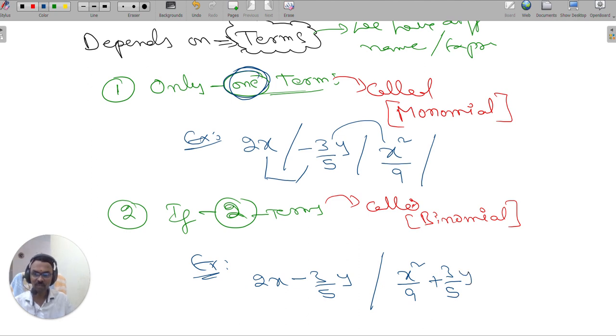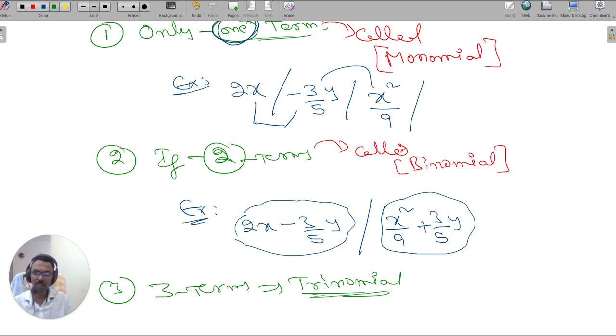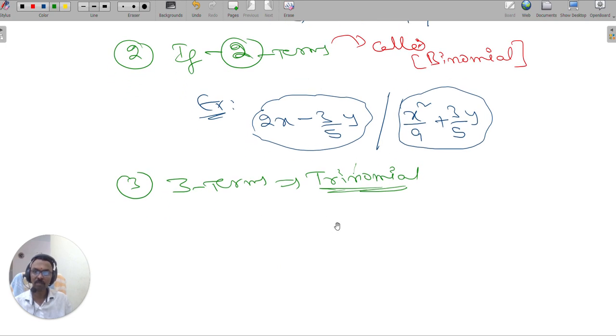Here you have two terms combined. It is called a binomial. Like that, if three terms, then it is called a trinomial.